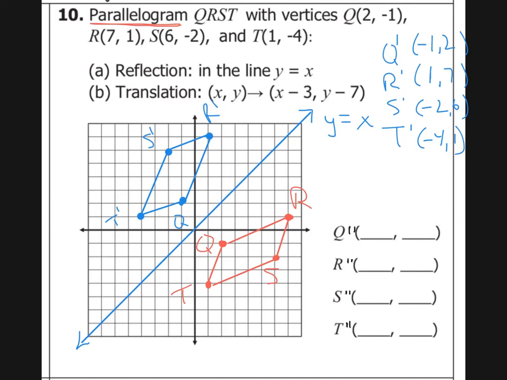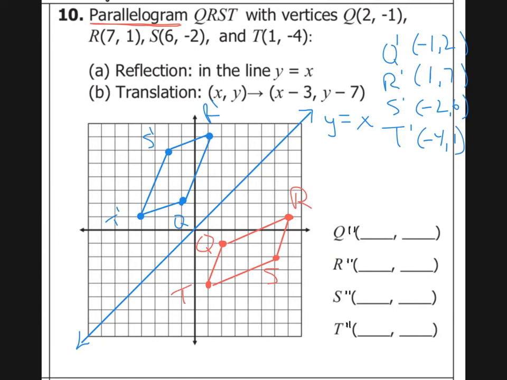So I counted 1.5 boxes straight towards that along the diagonal here, and 1.5 boxes lands me right here, which is where? Negative 1, 2. So what happened to Q? It went from 2, negative 1 to negative 1, 2. What happened to R? It went from 7, 1 to 1, 7. S goes from 6, negative 2 to negative 2, 6, and T goes from 1, negative 4 to negative 4, 1. That was the reflection part. So that was the previous assignment, which is no big deal.